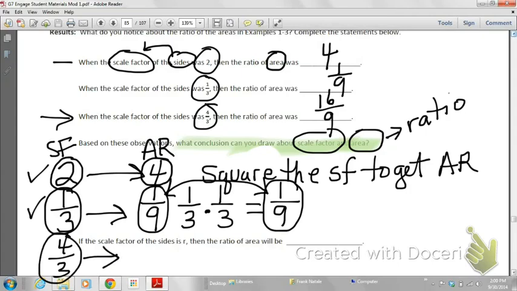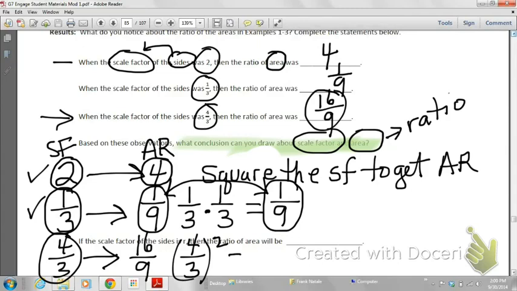Okay, the ratio of the area was 16/9. Let's check it. If we're going to check it, we're going to do 4/3. I usually write 4/3 squared like that. Whenever you're squaring a fraction, you want to put the fraction in parentheses.